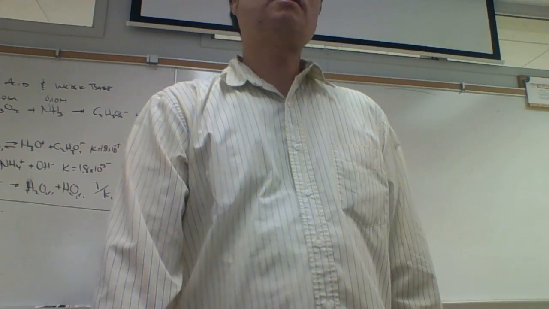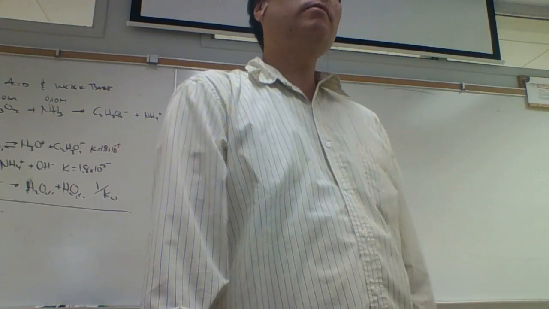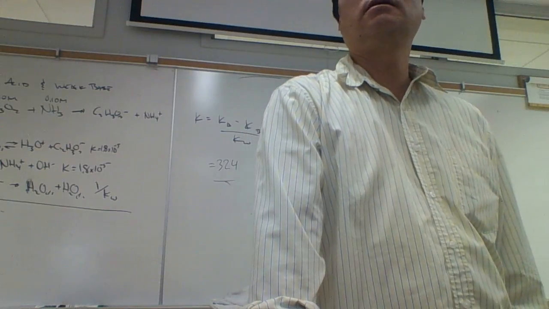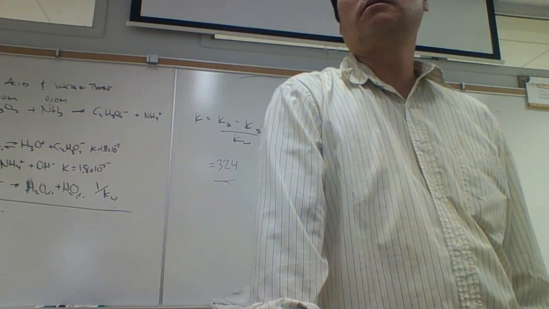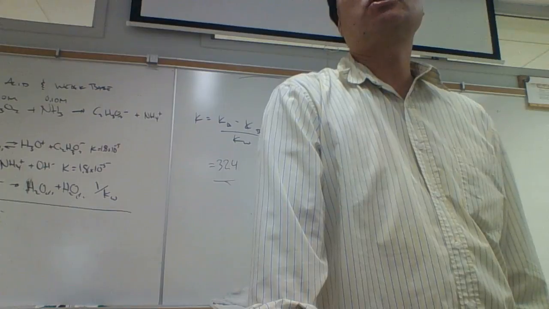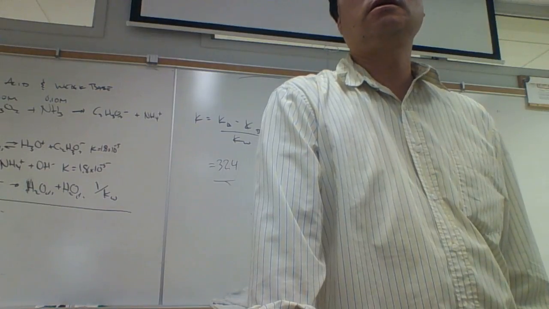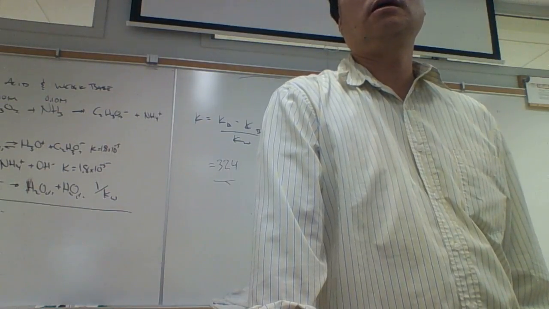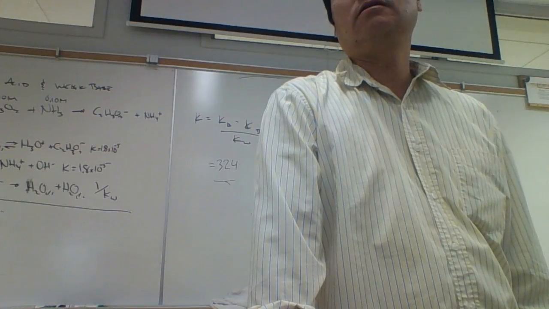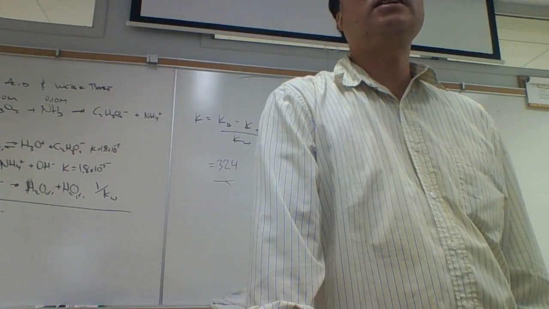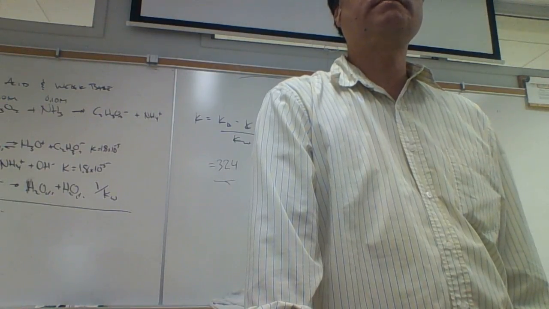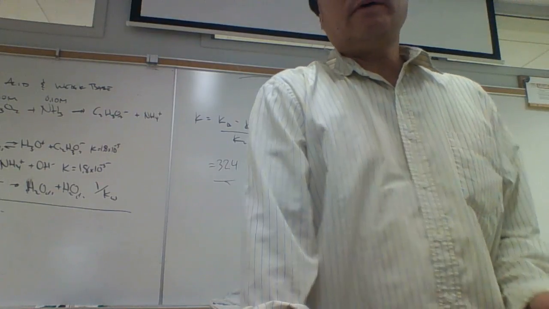Where do the errors come from? The errors come from we're assuming something. Do you know what we're assuming? We're assuming that the stoichiometric concentration is equal to the effective concentration, or the activity. That's what we're assuming.